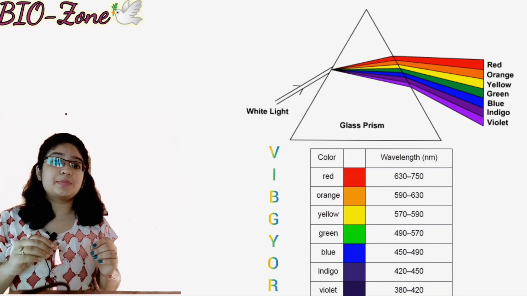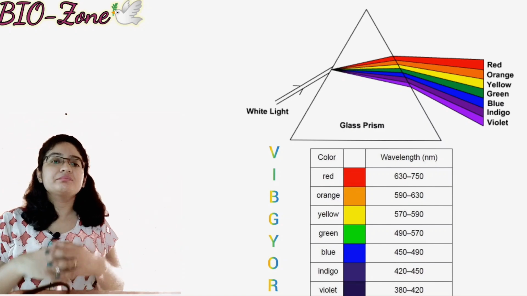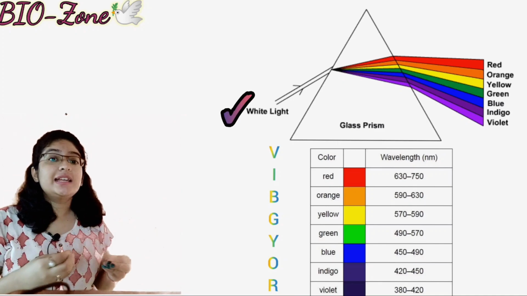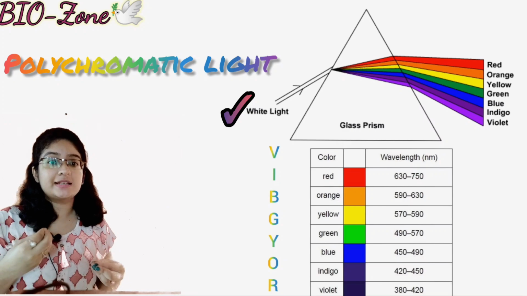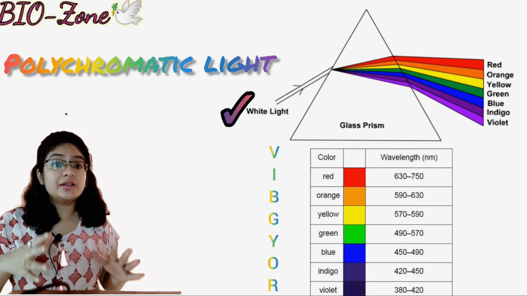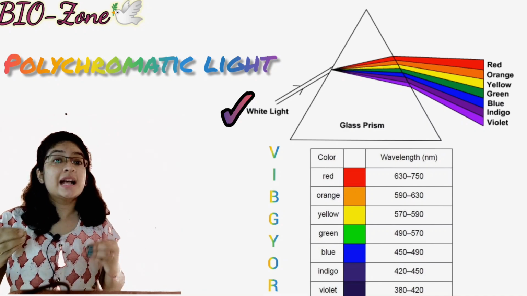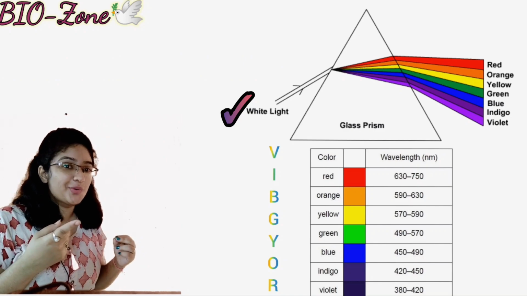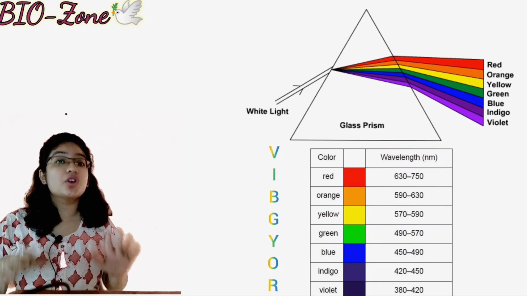Now, in this experiment, what does he do? He uses three components. One is white light, which is a polychromatic light, because white light is a mixture of 7 wavelengths of light that produce 7 different colors, which we can see in rainbows, right, called VIBGYOR.